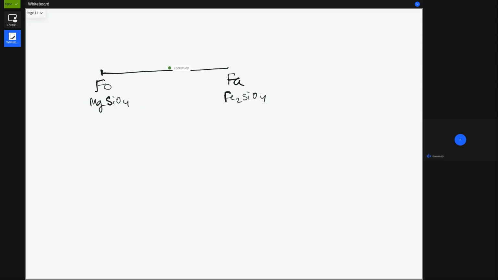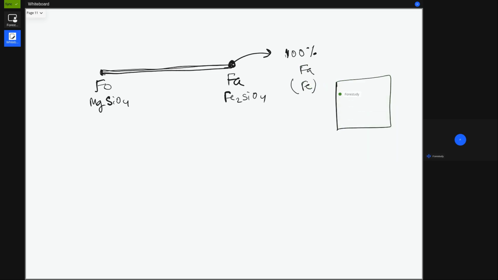These two are the end members of this bar. If I find a rock which is here, it will have 100% Fayalite, that is 100% Fe. It will have a structure like this, where these are the tetrahedra and these are the interstitial cations of Fe only, iron only.